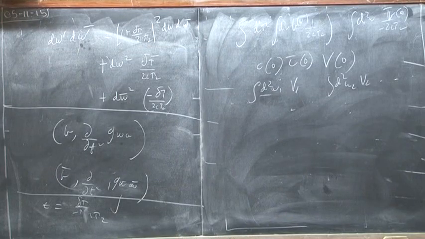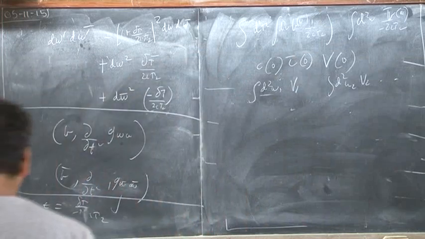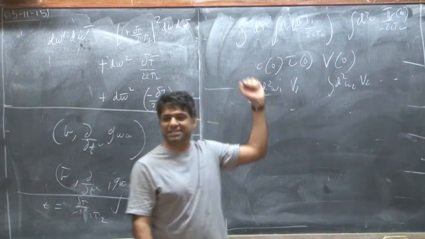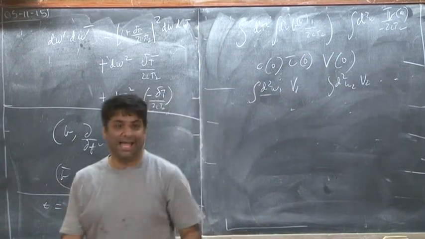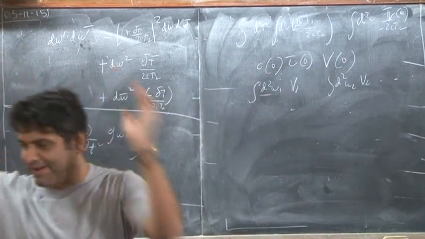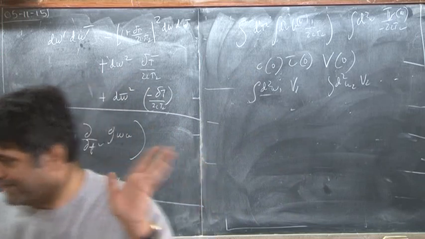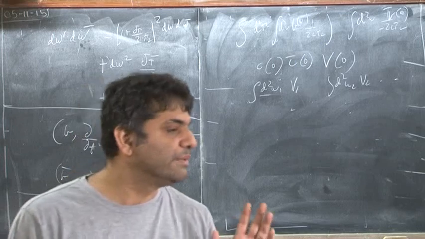Okay. Now, for the overall factor that comes into this, as for the overall factor of the sphere, we will depend on some consistency requirement to fix that. So overall factors we will not be very careful about.